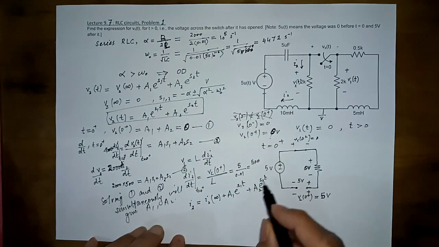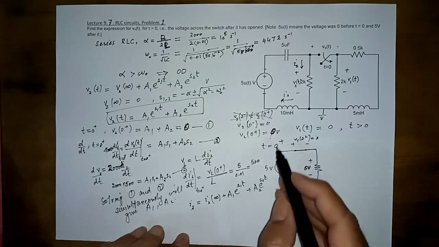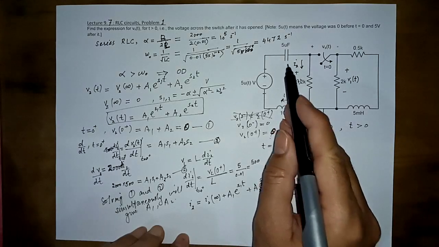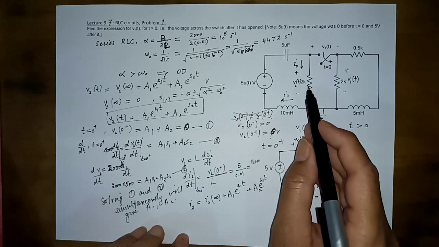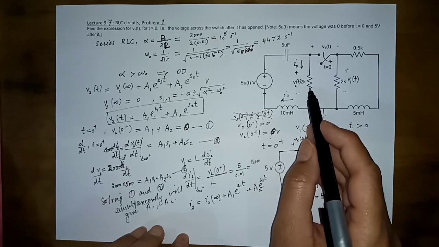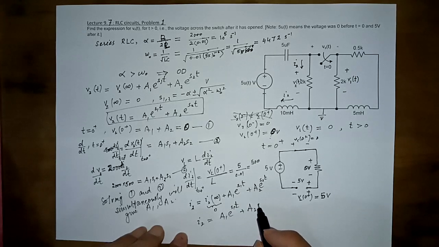So if someone takes this and tries to start solving I2, when this opens up, it is completely charged, this shorts, basically we are going to get 0 volt here across it, and this opens up, no current is going to flow, this is 0. So the expression for I2 would be equal to A1, and S1 and S2 would be the same values as for V2.